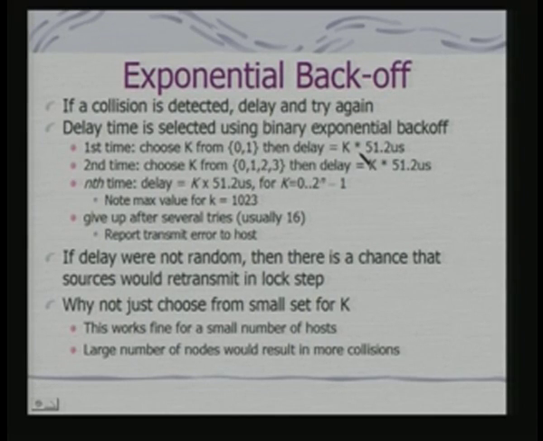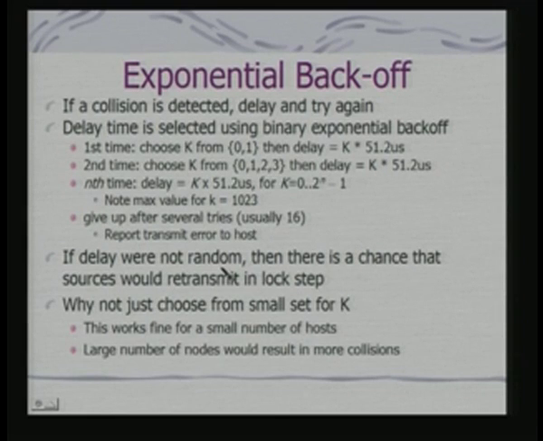This is an exponential backoff, because the backoff time changes and increases. The maximum value of k can be 1023, and you can give up after several tries. What is important to note is that this value of k is randomly chosen, so the delay that is applied is a random delay.